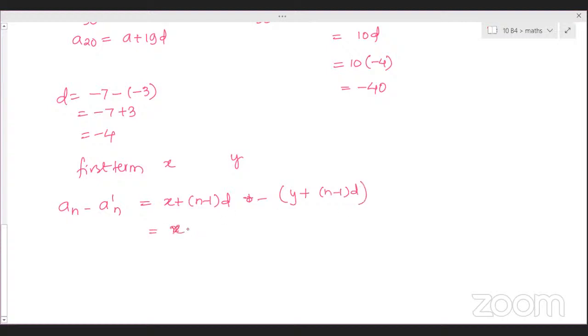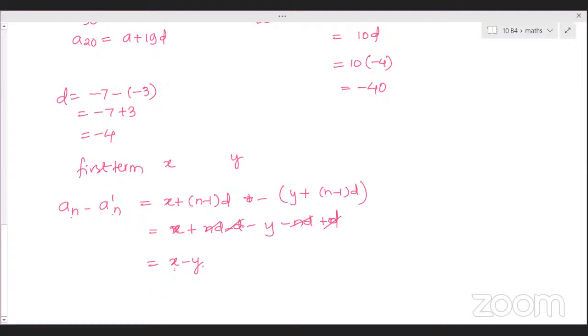So it is X plus ND minus D minus Y minus ND plus D. So these two get cancelled. So the difference of any nth term of two APs is equal to difference of their first terms, and first terms are already given. Okay, ma'am.